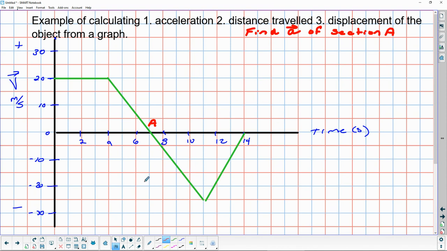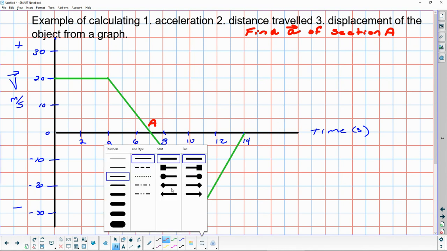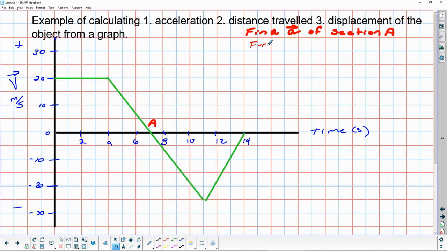And then find the total distance of the trip, and then find the total displacement.